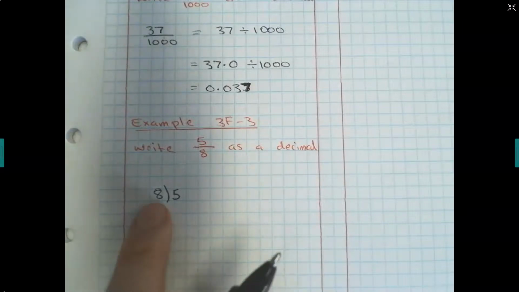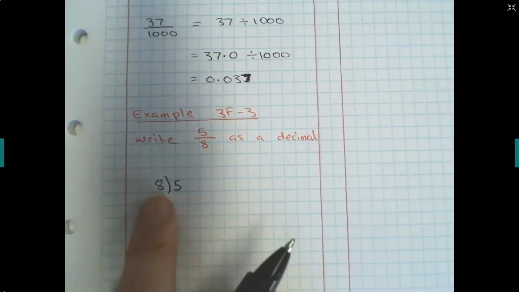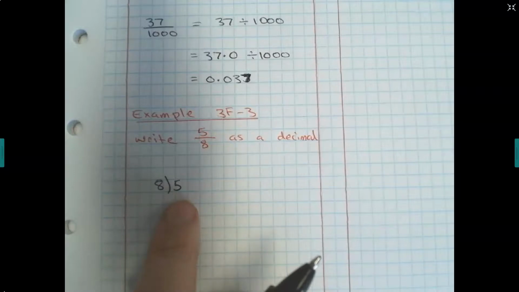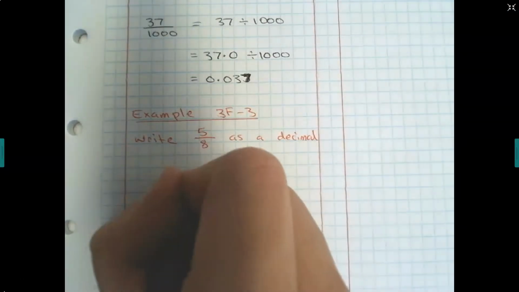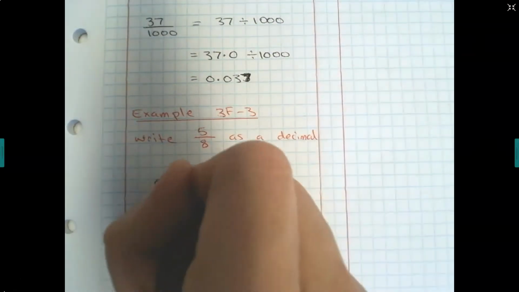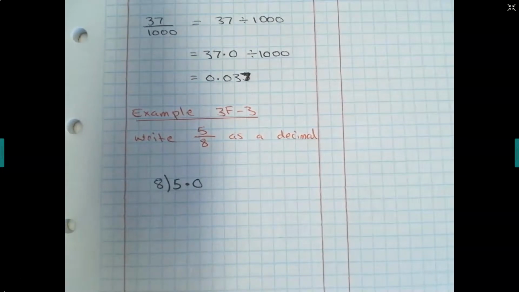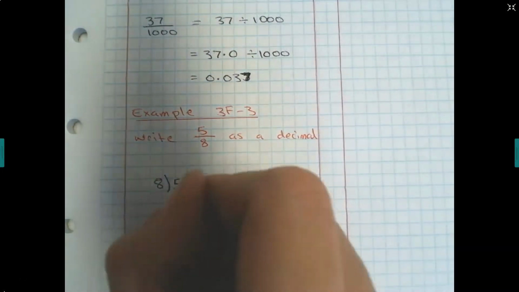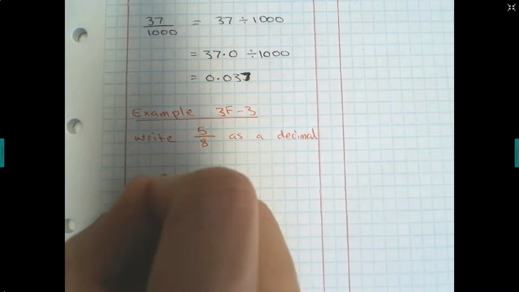Now, I can see a problem. 8 is not going to fit into 5. So remember the trick that we learnt. We can add a decimal place in here, and we can add a 0, because that does not change the value of 5. I'm just going to do a couple of zeros.